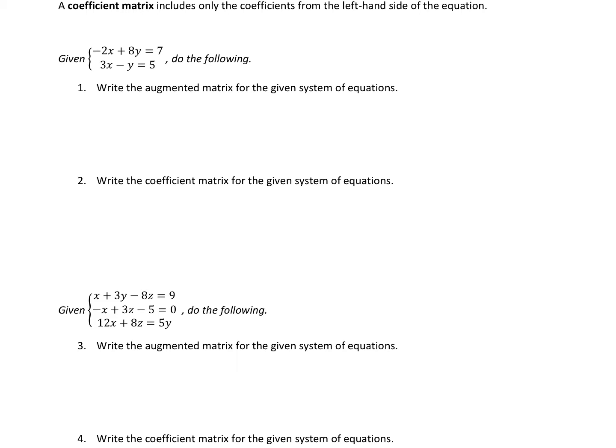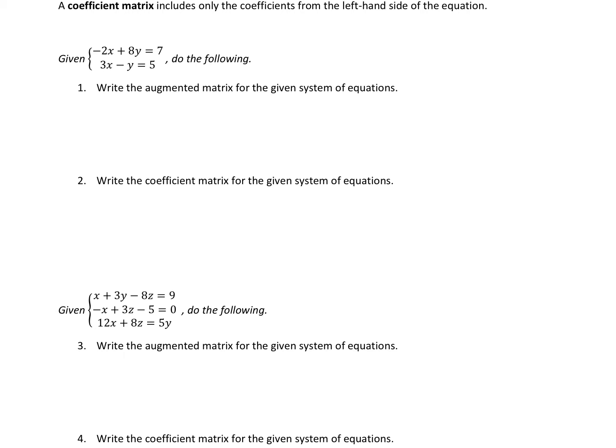So number one, we're going to write the augmented matrix for the given system of equations. And then number two, we're going to write the coefficient matrix. So the augmented matrix includes the constants or the solutions. The coefficient matrix only includes the coefficients of the variables or the left-hand side.